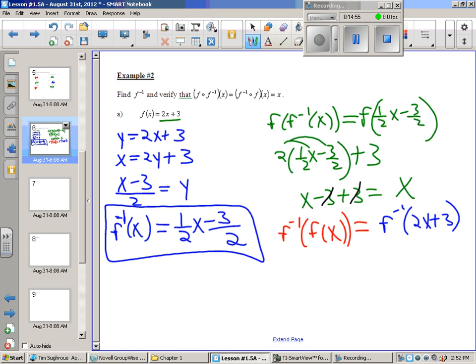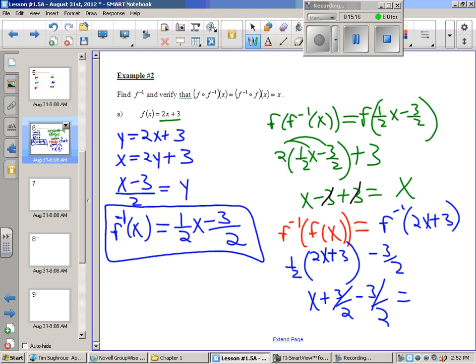Now take the 2x plus 3 and plug it into the inverse function, which says take 1/2 of whatever's coming in, and then subtract 3/2. If we distribute, the 2's cancel, we get x plus 3/2 minus 3/2, which also gives us x. There it is.